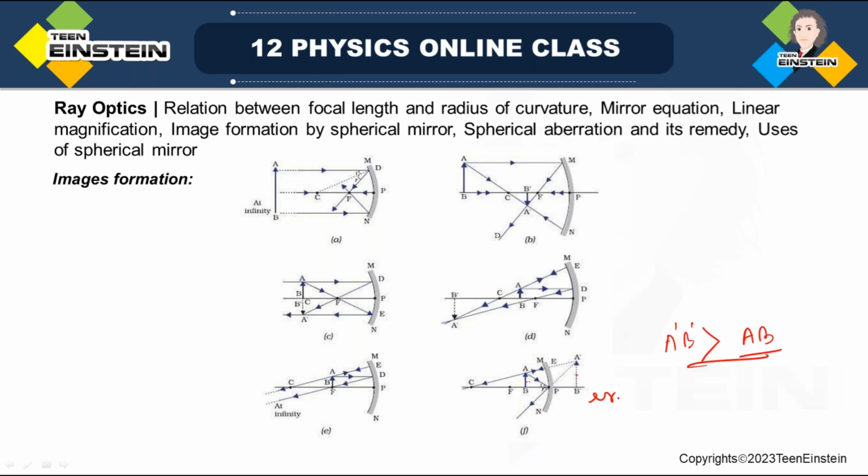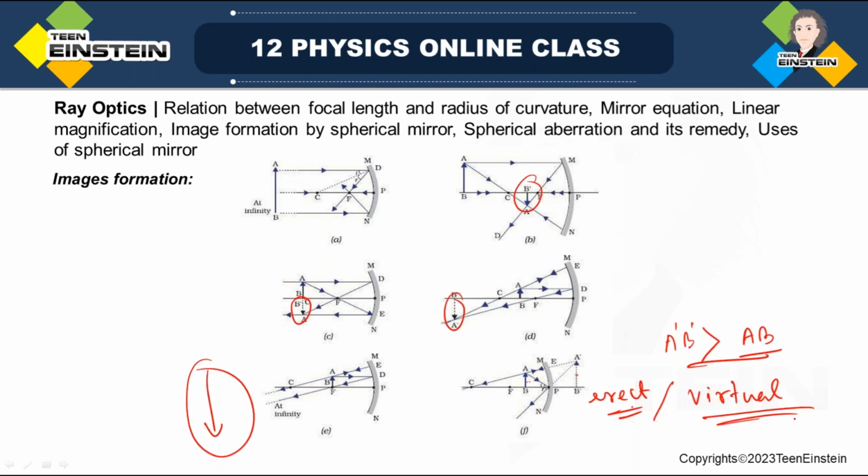This is called an erect image. All others are inverted. This is inverted, this is also inverted. Here at infinity a large image will form, that also will be inverted. But this one is erect. So an erect image means this is a virtual image. Whenever there is an erect image, that is actually virtual.